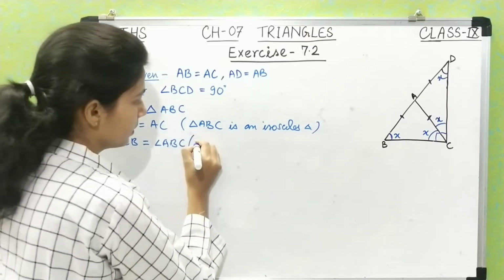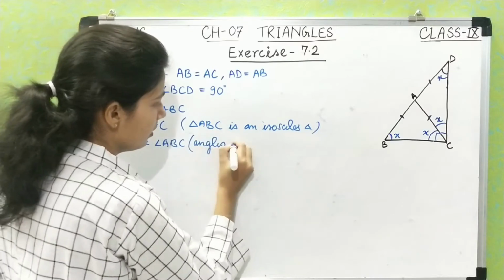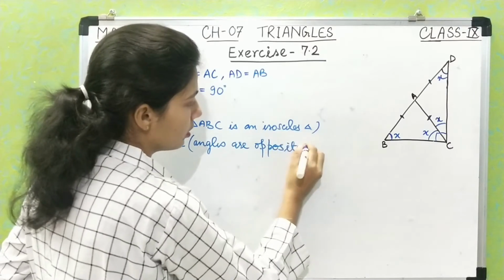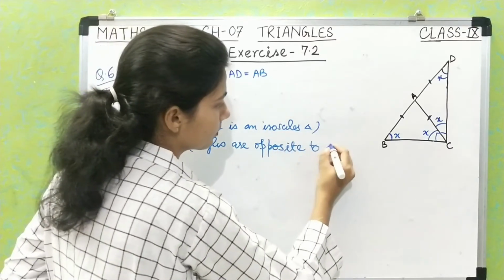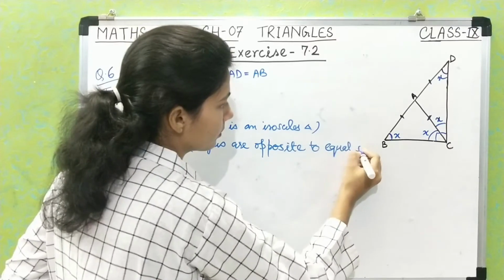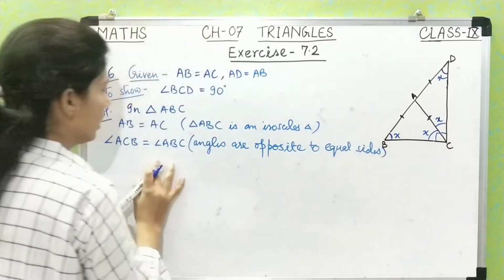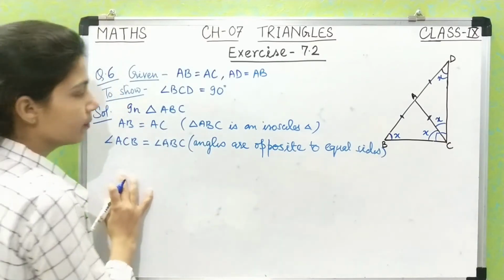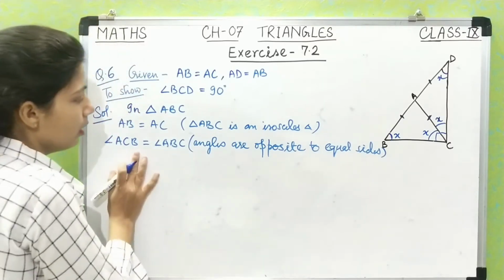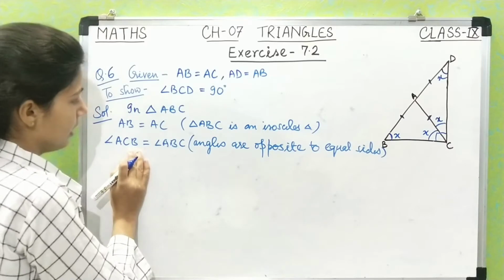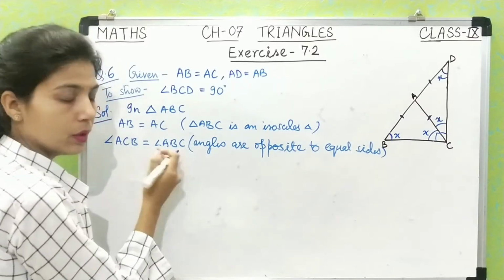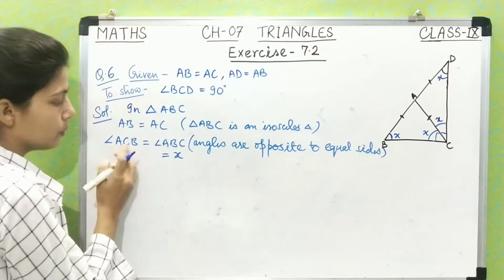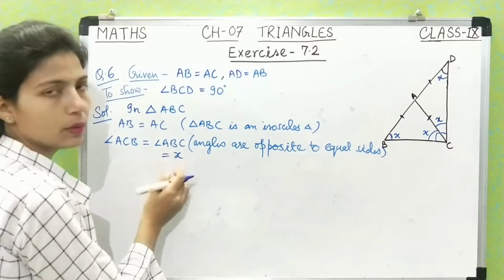Why? Because these angles are opposite to equal sides. Now see, if we take ACB as x, ABC will also be x.